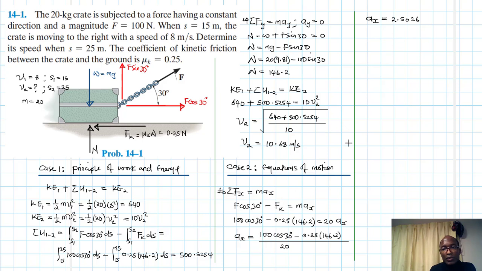And if this is constant, we can use this particular equation to work out the unknown, and the unknown here is V. So V naught is equal to V1, which is 8, and a is equal to ax, which is 2.5026.